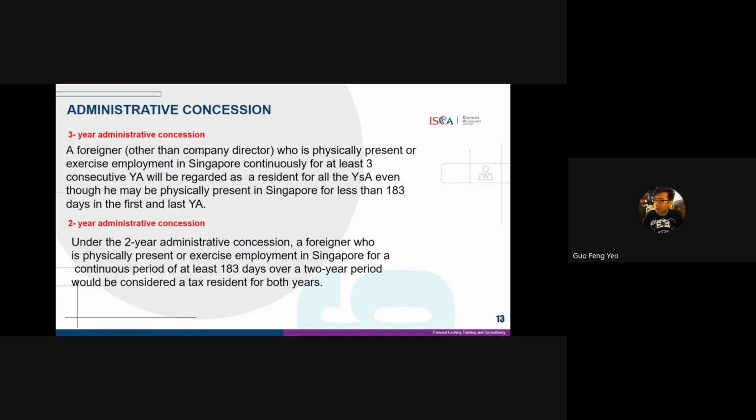This administrative concession is very commonly found to be used by expatriates.